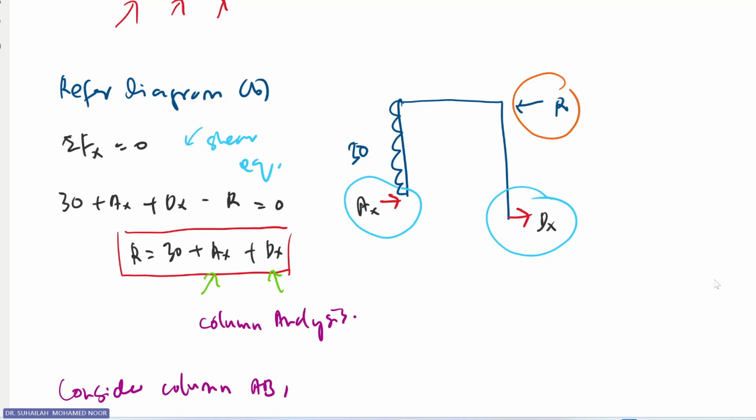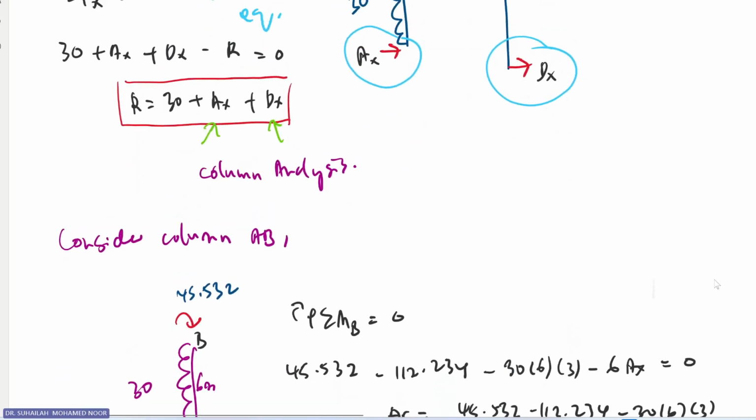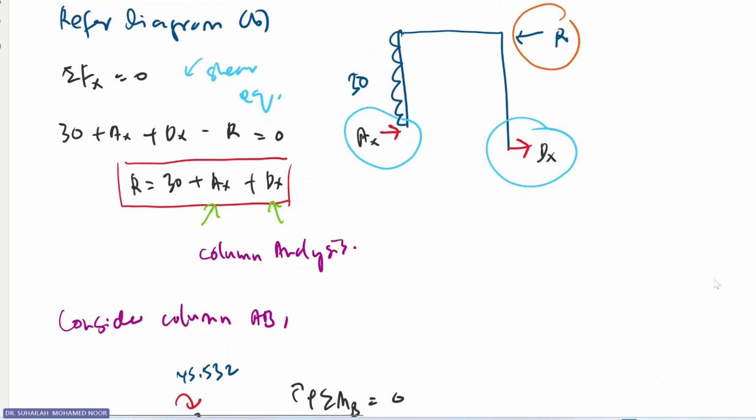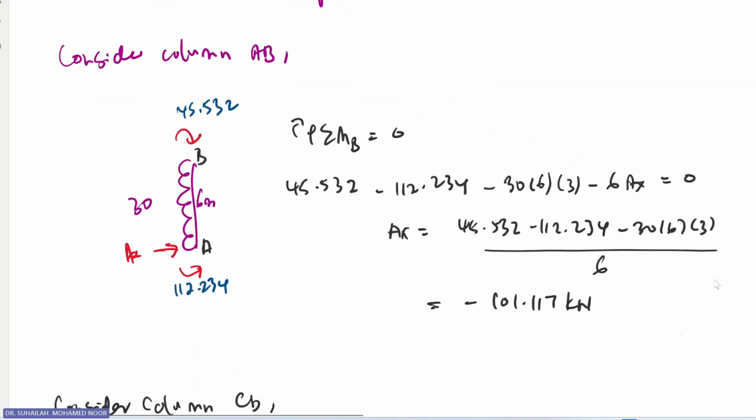So in any structure, when we want to calculate the reactions, the forces, we can apply the equilibrium equation in the elements, column AB and column CD, because from analysis of column AB we can get AX, and from analysis of column CD we can get DX.